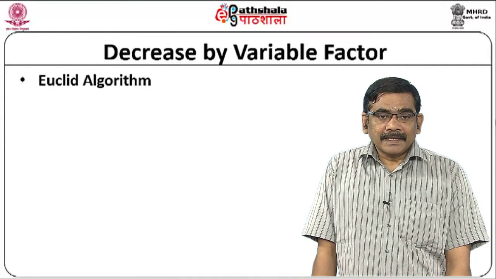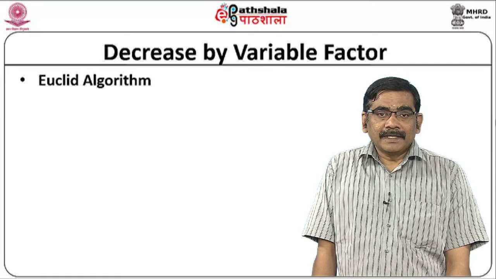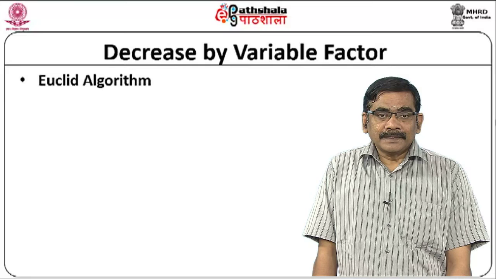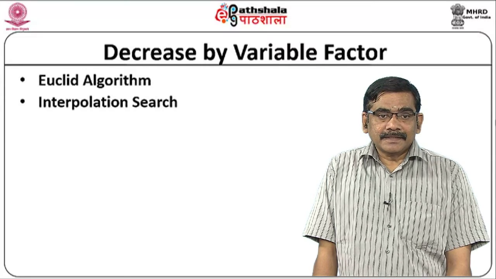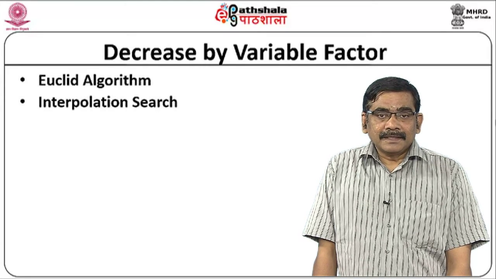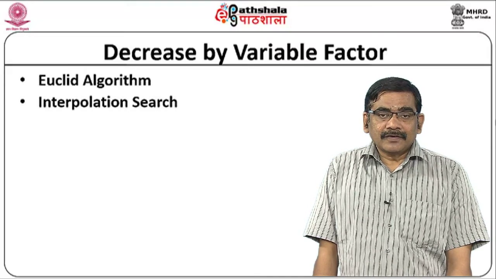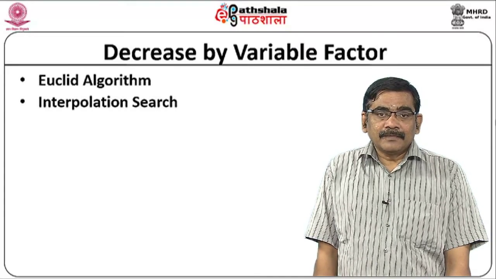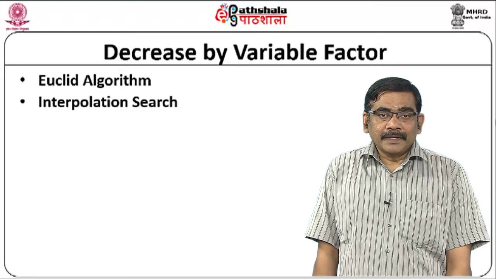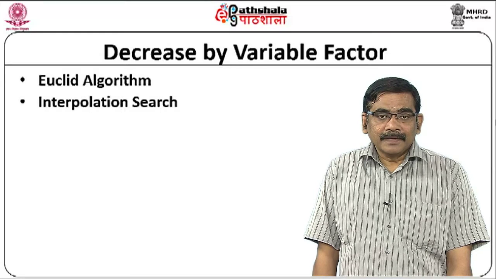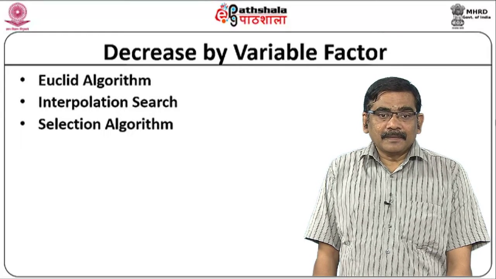We are going to take problems like the Euclid algorithm, where we will see how the GCD is obtained. Then interpolation search, which is an extension of search algorithms, where we reduce the search space depending on the context of the given problem.